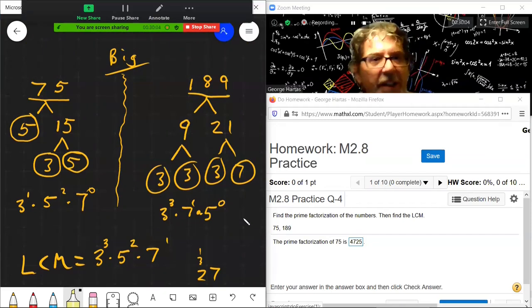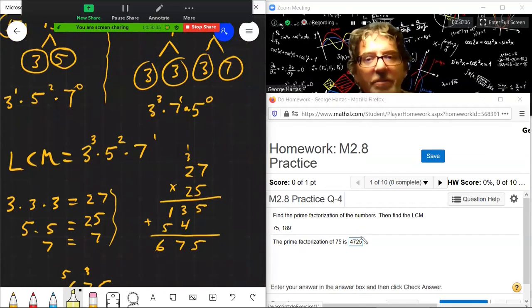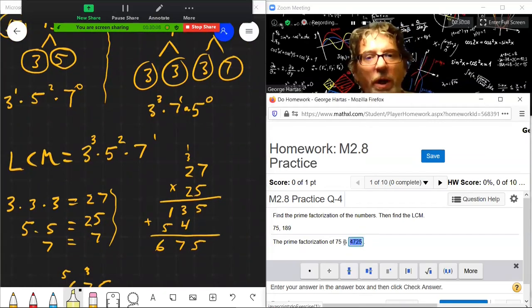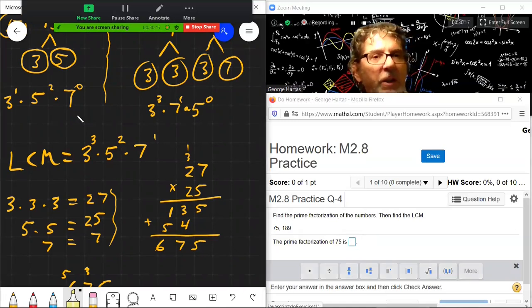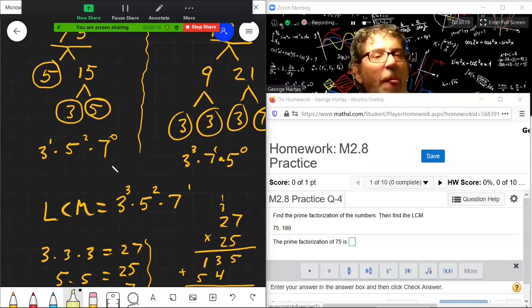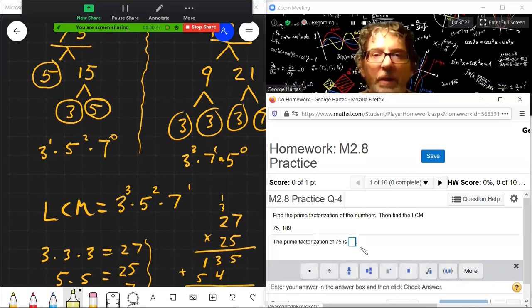Oh, all right. Okay. I'm way ahead of myself. So I'm not reading the instructions, George. The prime factorization of 75 is what they're looking for. And they don't specify using powers. So it's going to be 3 times 5 times 5, right? It doesn't say using powers.